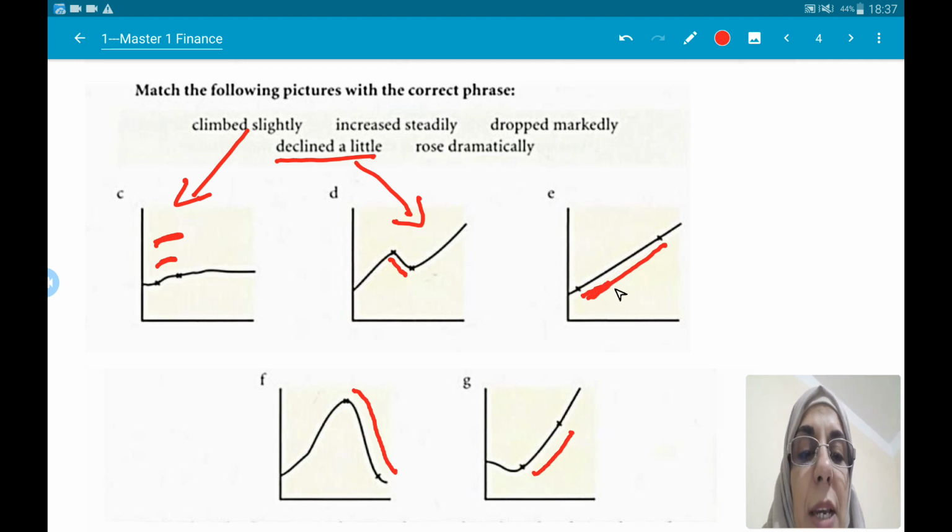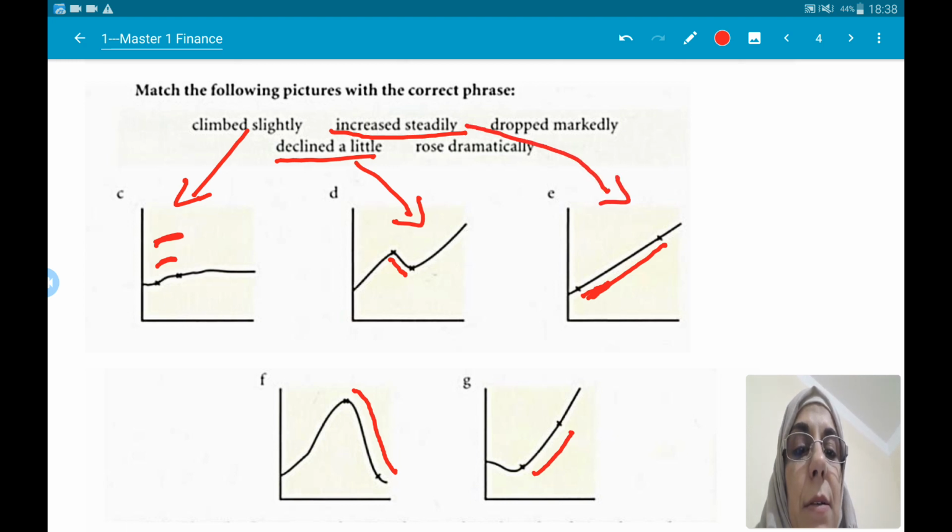Now see, there is an increase, but how is this increase? Is it a fast increase? Is it a slow increase? How is it? E, it's increased steadily. Steadily, regularly, okay? A regular change here.